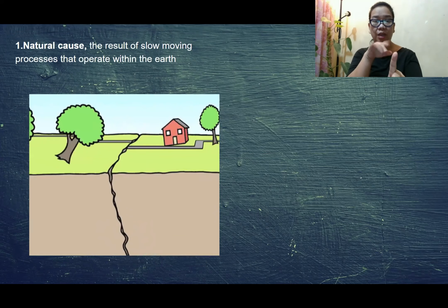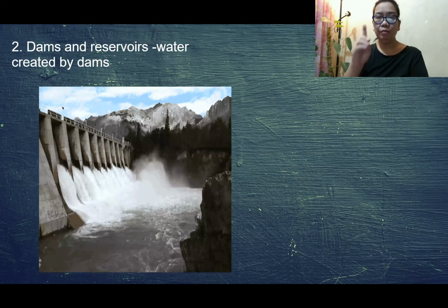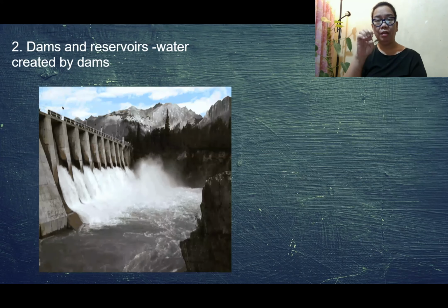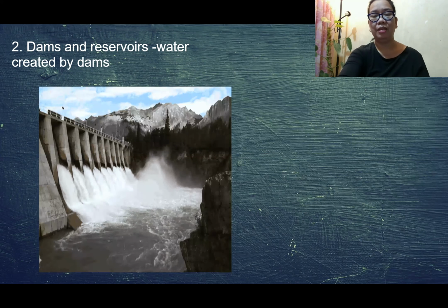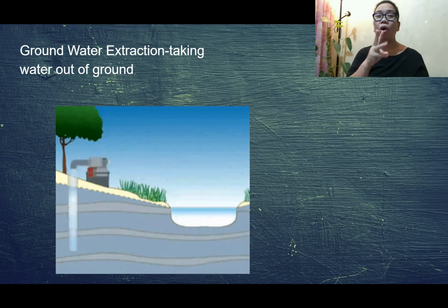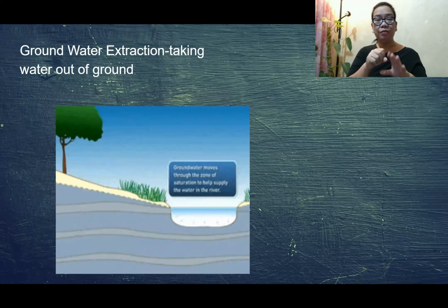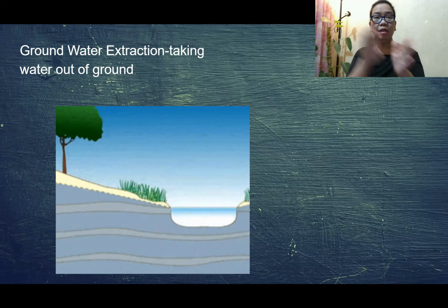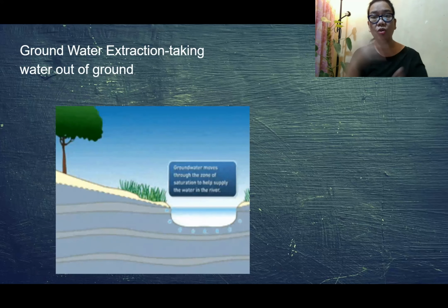We look and study the image: dams and reservoirs. Next, groundwater extraction. That is taking water out of the lower ground. You look and see the image. That also causes earthquake.